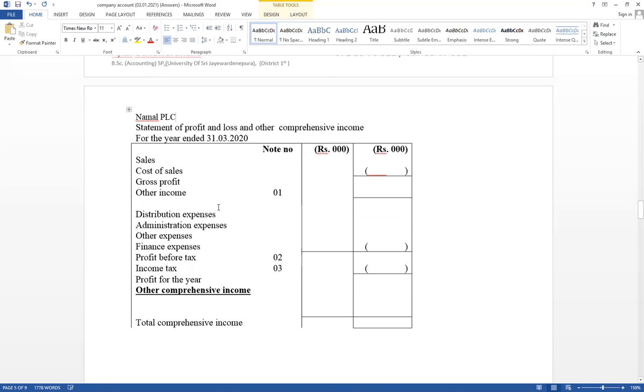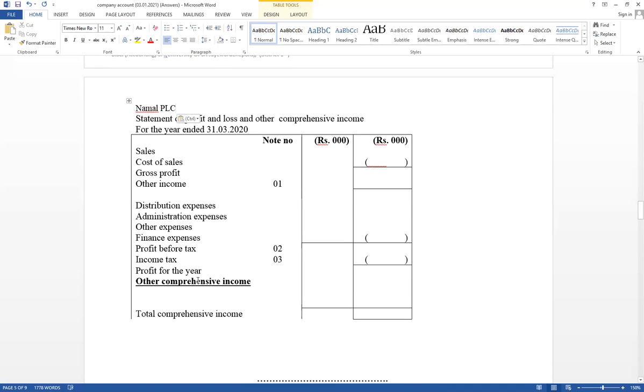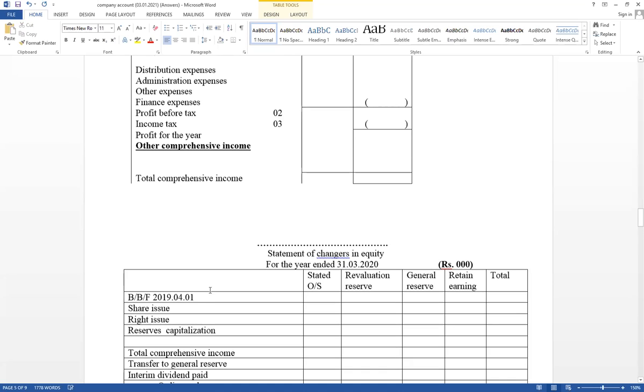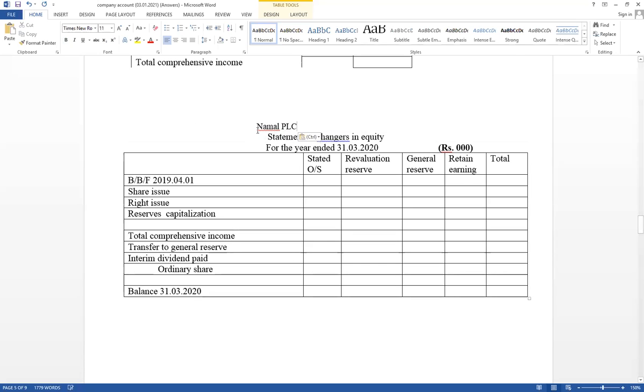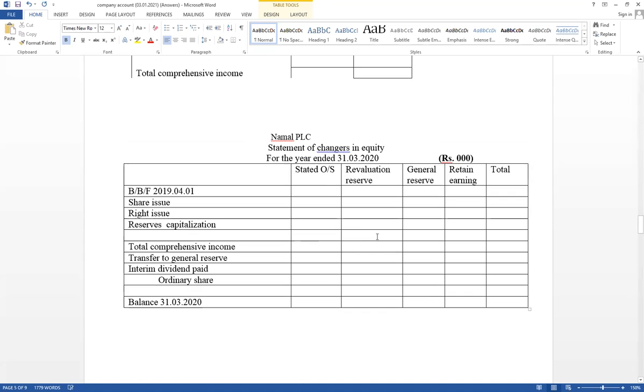Then this is the normal format. And think about the statement of change in equity. The name should be written. This is the format you have to apply. Separate columns for ordinary shares, revaluation reserves, general reserves, retained earning, and total.